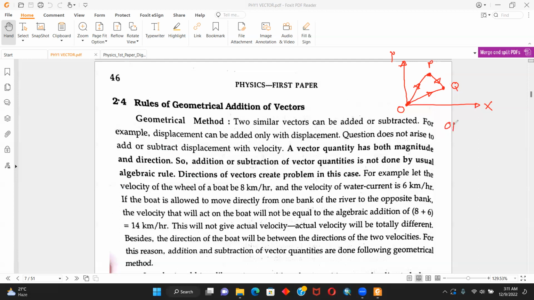So where the OP vector ends, which vector starts from its ending point? That is the terminal point P, the PQ vector. This will equal the initial point, the O point we started with at the very beginning, and the last point, that is the OQ vector. This is according to the triangle law of addition of vectors.